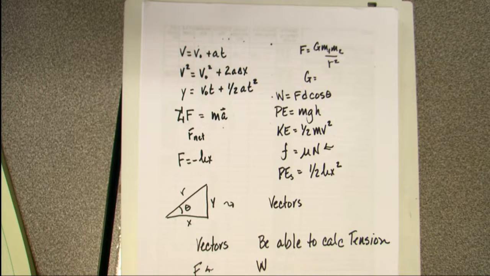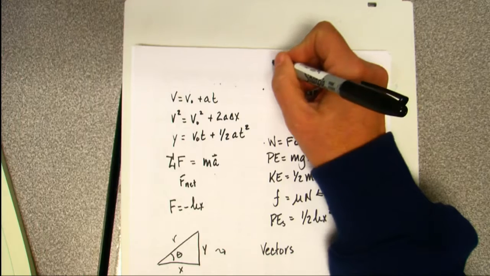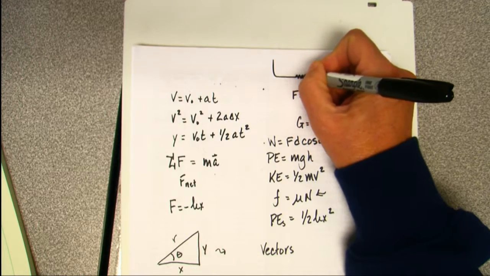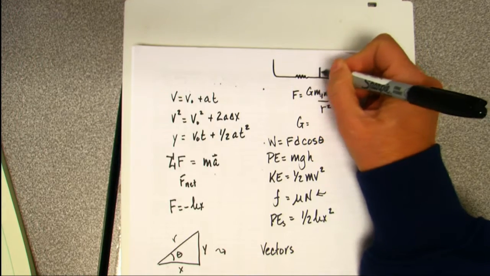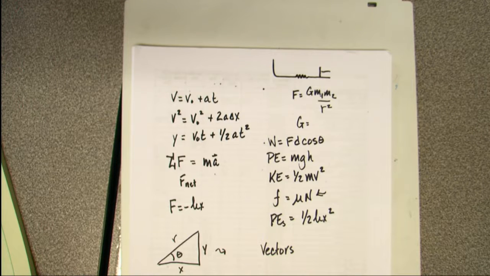So a good review problem would be to go back on Wednesday's class when we did the block that went across a rough spot that hit a spring. That combined everything that we've been looking at. So that would be a good review problem to have.